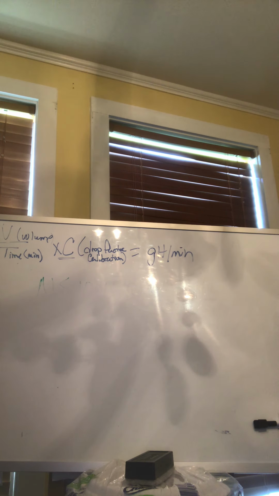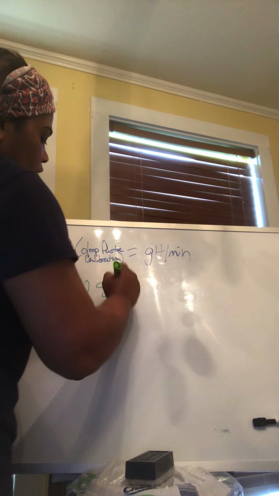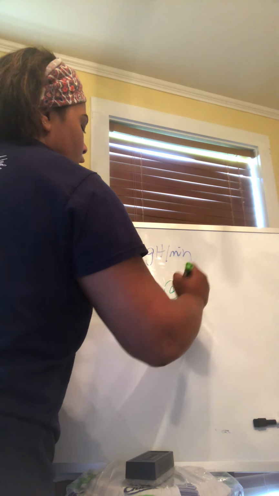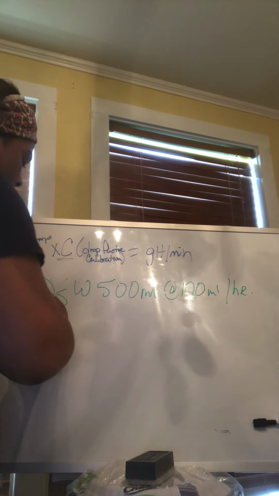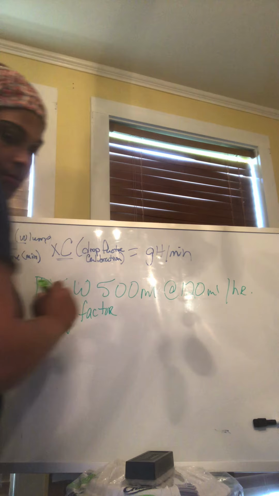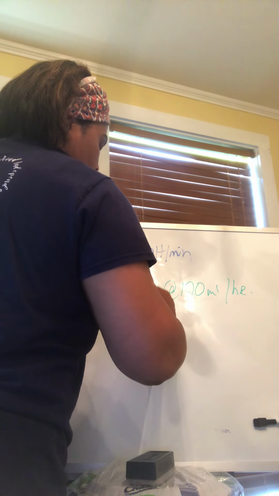Let's look at another problem. D5W, 500 milliliters. Okay? It's infusing at 120 milliliters per hour with a drop factor of 15 drops per minute.